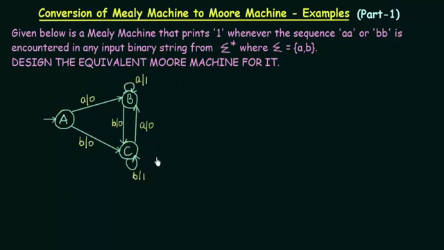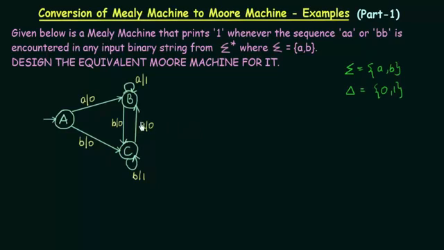So we have this, and we have to design the Moore machine for this. So before we start, let's make clear what are our inputs and outputs. Here my inputs are a and b, and what are our outputs? Our outputs are 0 and 1. So always make sure what are your inputs and outputs before you start.